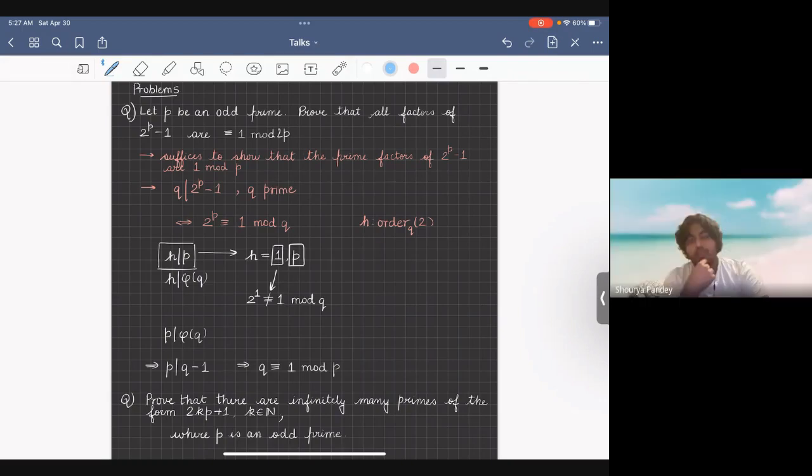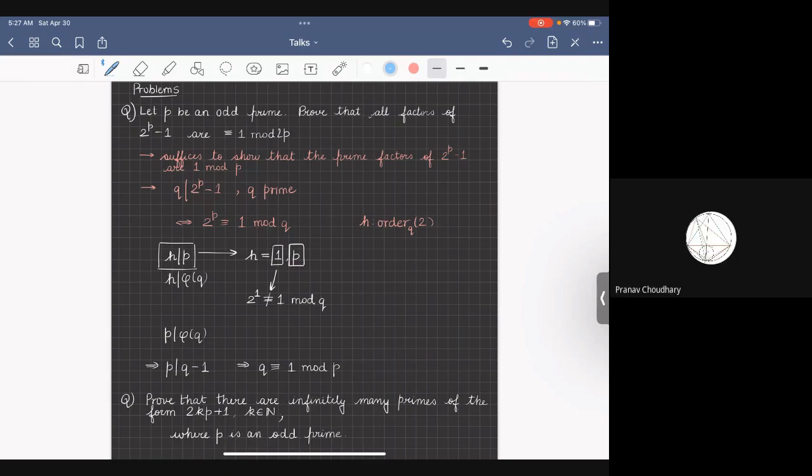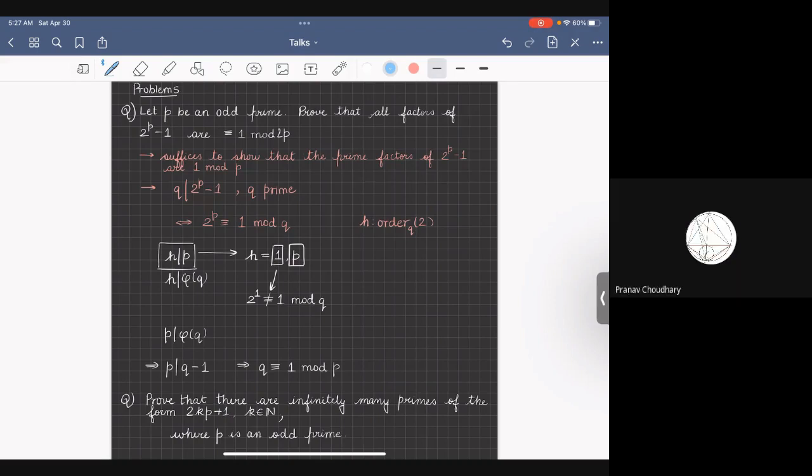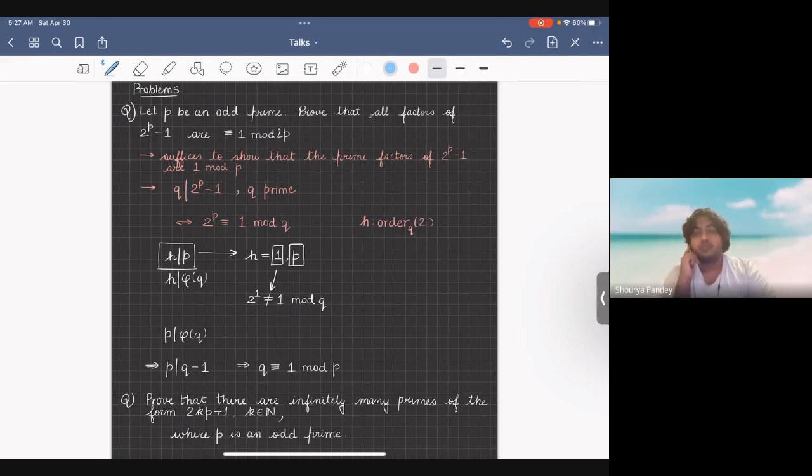Let me think about it. Basically, in this proof, h can be k. But 2 to the p may not at all be 1 mod q, right? Okay. Anurag, sorry, go on.